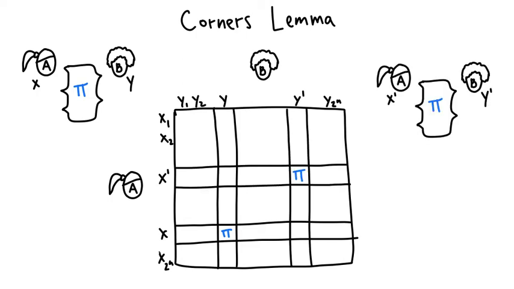The corners lemma says that if this transcript occurs for some other inputs, x prime and y prime, then it actually has to occur for all elements of the Cartesian product of these inputs. This is not too difficult to see as an exercise. This is the first fact we need.